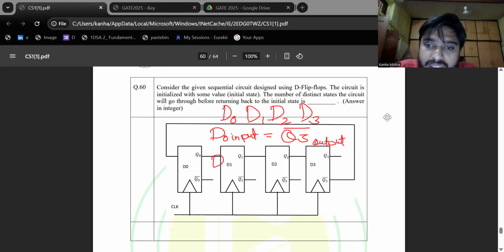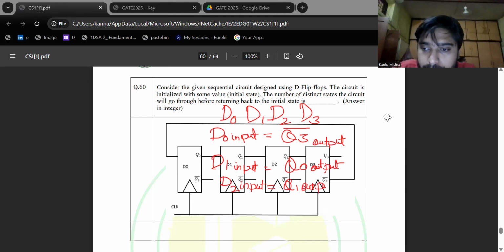The input of D1 is Q0. The input of D2 is Q1. The input of D3 is Q2.